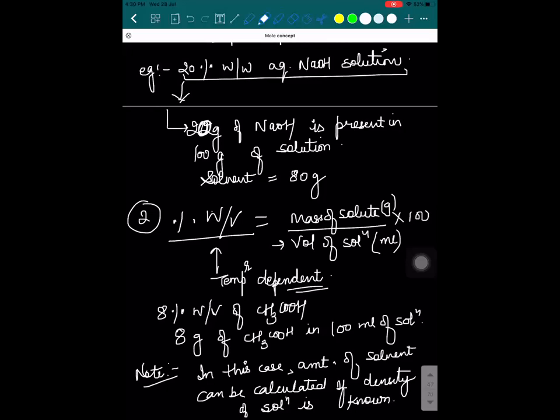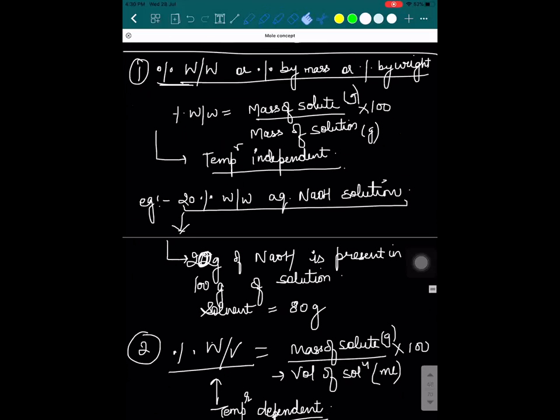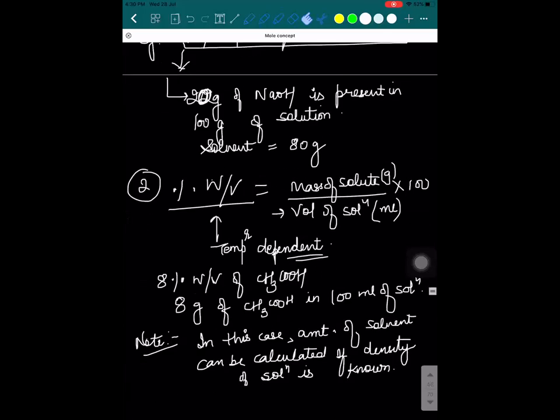Anyways, this is the particular percentage by weight, right? And after this, we studied percentage weight by volume.